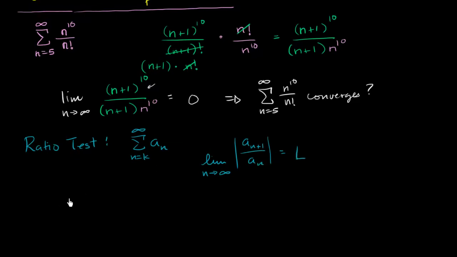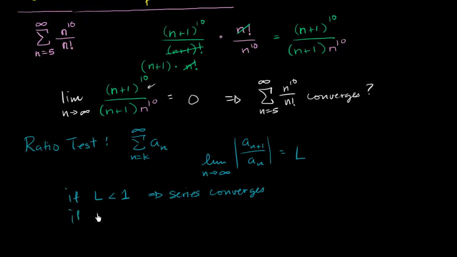The ratio test tells us if L is less than 1, which was the situation here, L is clearly less than 1, then the series converges. Some definitions just say it's absolutely convergent. The absolute value of the series converges, but that also means that the series itself converges.